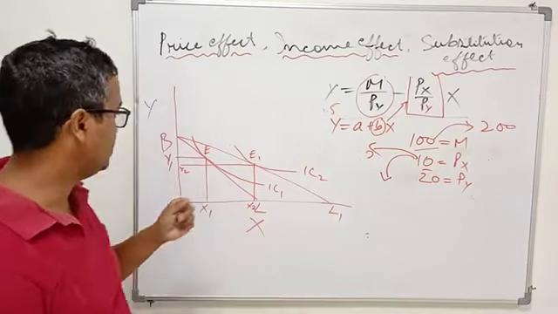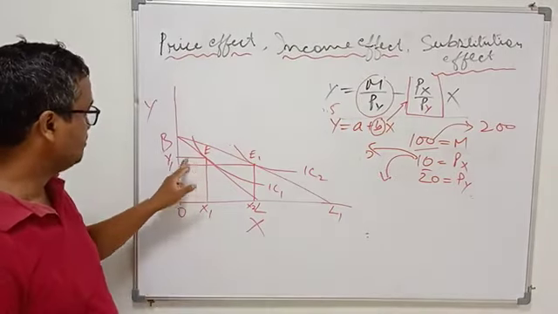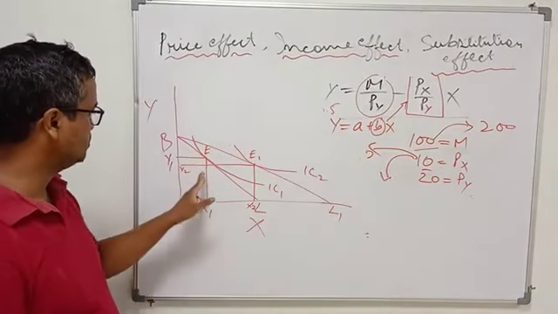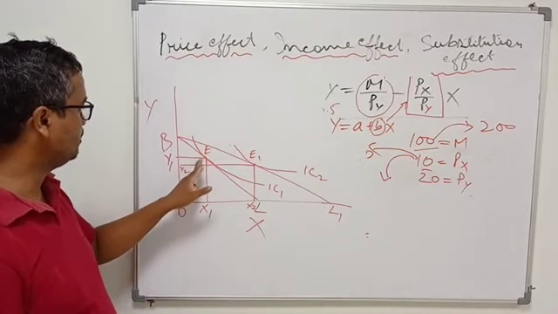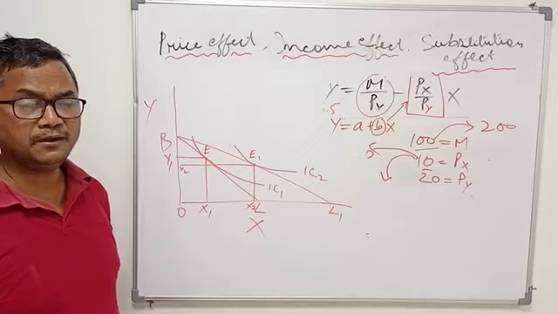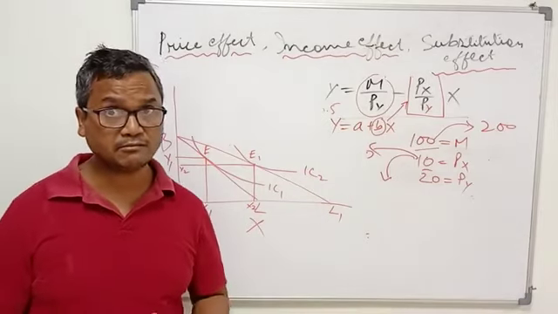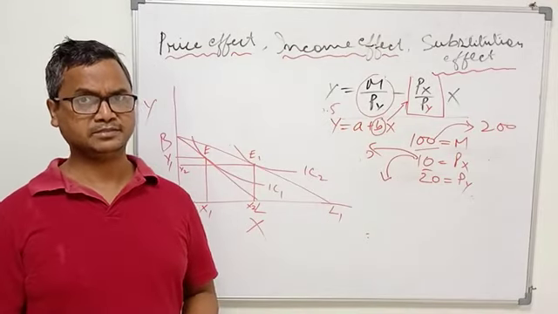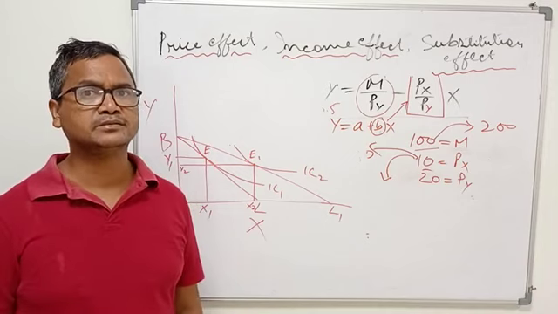Here we are assuming that when the price of X is reduced, the consumer moves from point E to E1, and his or her real income, or purchasing power, has increased.